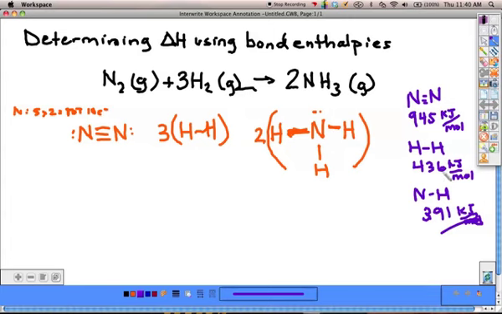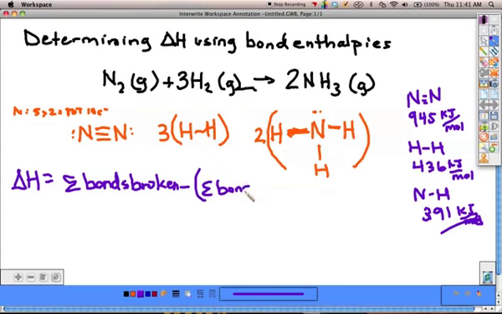So now I can take all of that information and put it into how many bonds I have and how many moles of those I have. And I know that my delta H overall is going to be equal to the sum of the bonds that are broken minus the sum of the bonds that are created.